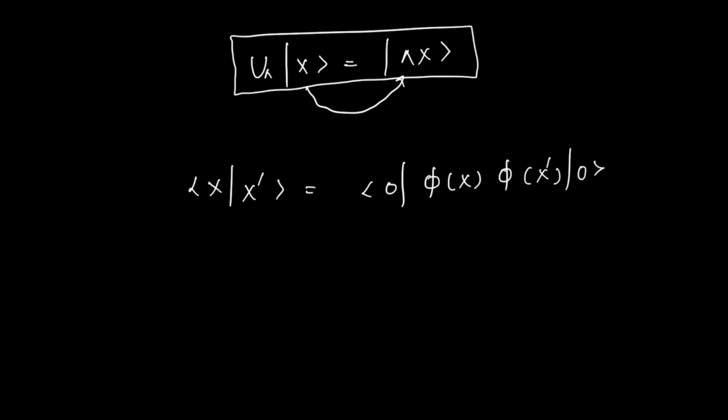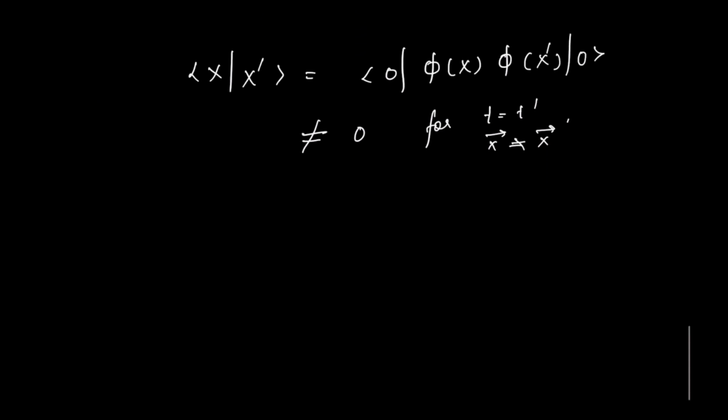Now this cannot be equal to 0 for t equal to t' and x not equal to x'. Therefore, this object is not a localized state. Therefore, this cannot be a delta function.